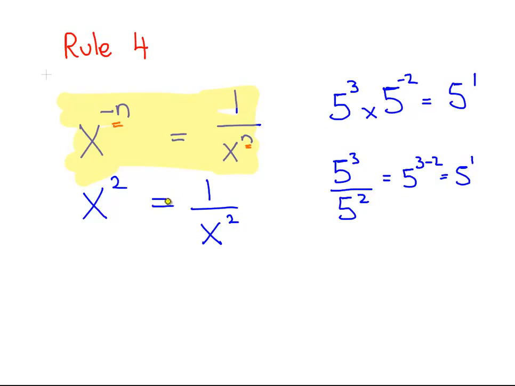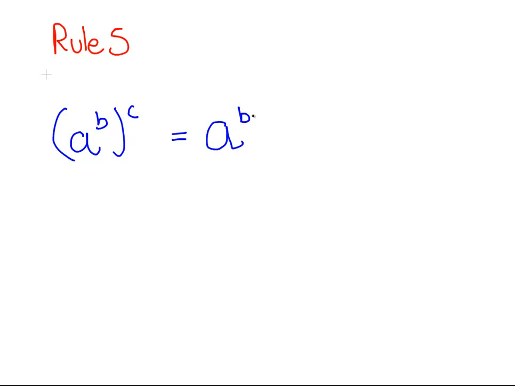Right, this next one is important. So this is rule 5. A to the power of b, all to the power of c. In this instance, what you do is just multiply b and c together. So you just remove the bracket essentially.